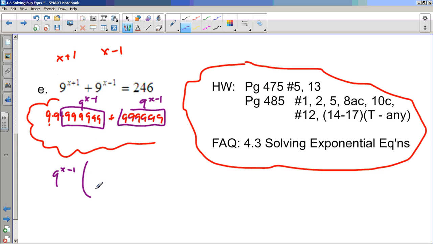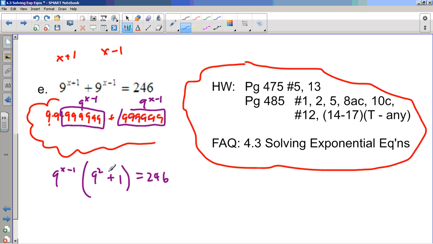Now what am I left over with? Well, I'm left over with 9 squared, and then when I take 9 to the exponent x minus 1 out of there, I'm left with just 1. The 246 stays put. And what have I got?